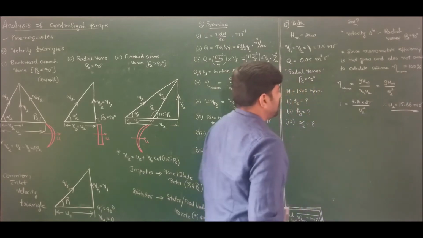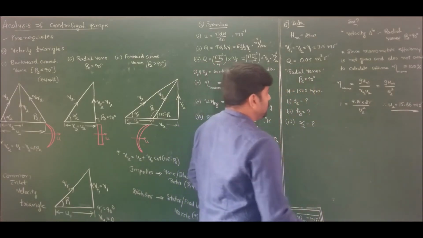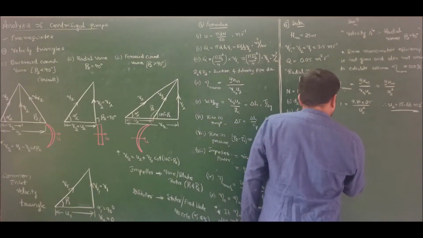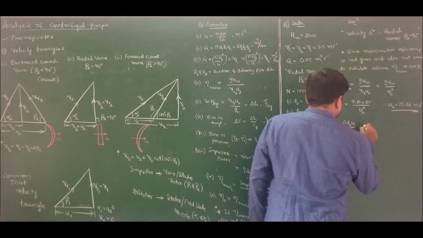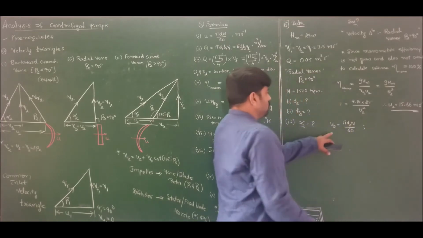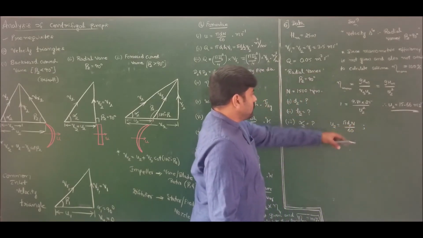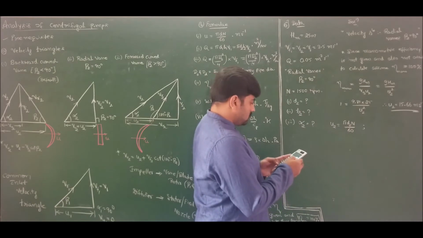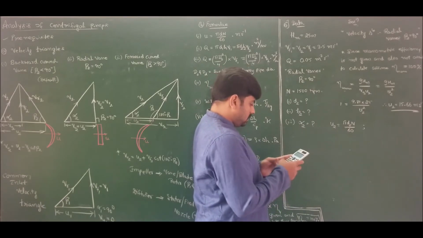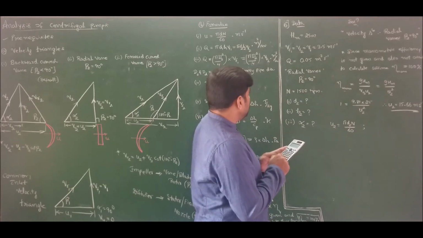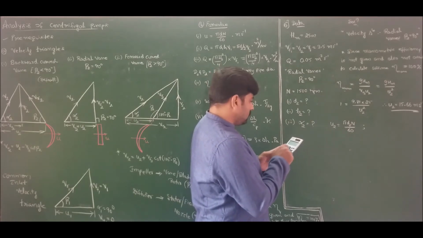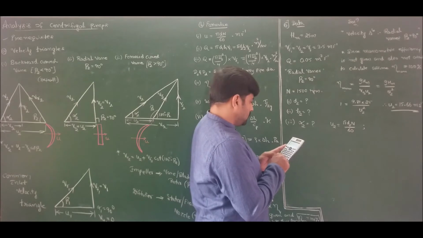Now I can find the value of D2, because we know that U2 is equal to pi D2 N by 60. You know U2, and N is also given, so find the value of D2. If I do that, I will get pi into D2 into N, which is 1500 rpm, by 60.